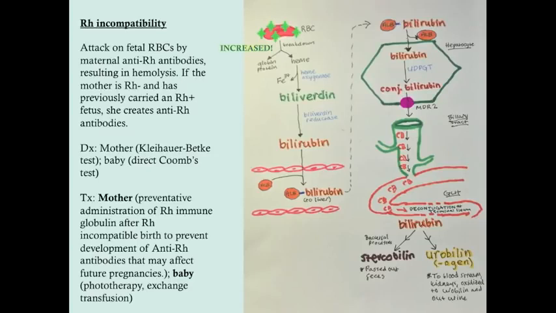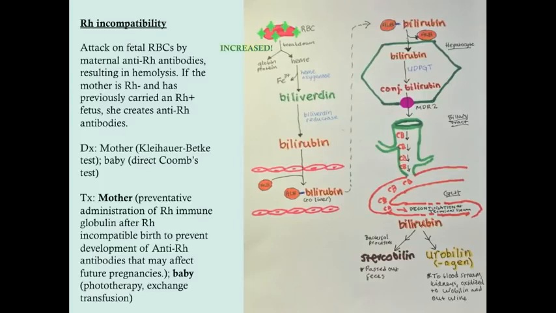This happens if the mother is Rh negative and has previously carried an Rh positive fetus, and since then she's created anti-Rh antibodies, and now she's carrying another Rh positive fetus, and those anti-Rh antibodies can cross the placenta and attack the baby's red blood cells.